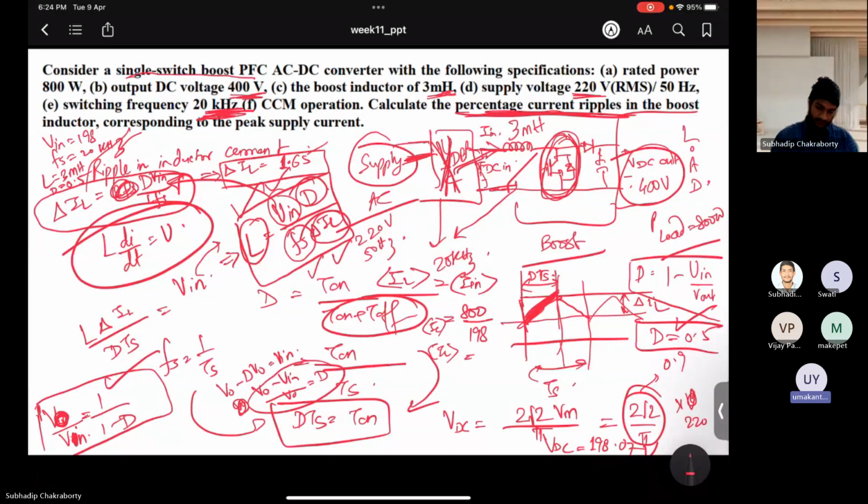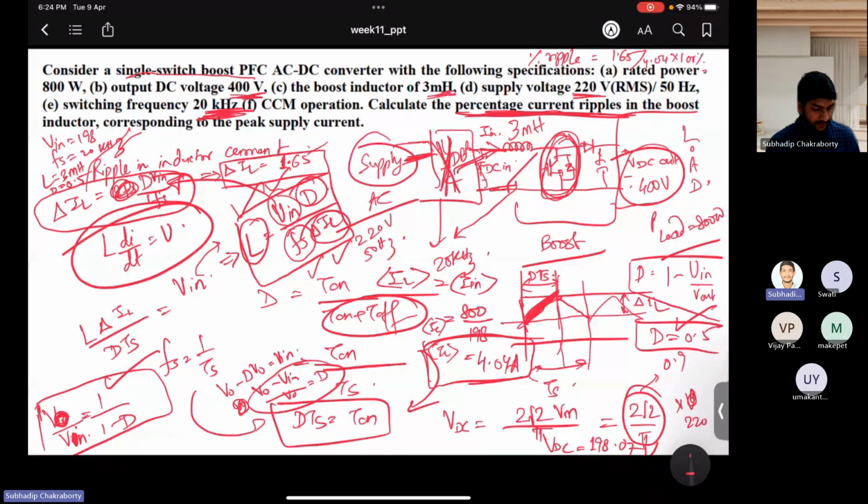4.04 IL average, right? So now calculate percentage IL, percentage ripple. You divide your 1.65 by 4.04 into 100%, right?